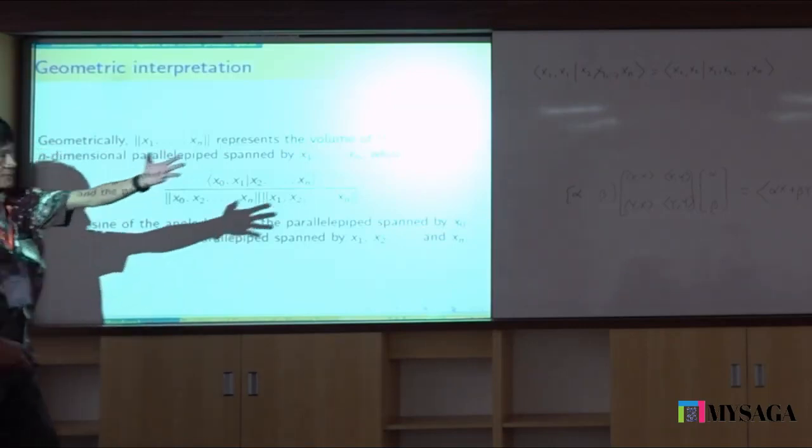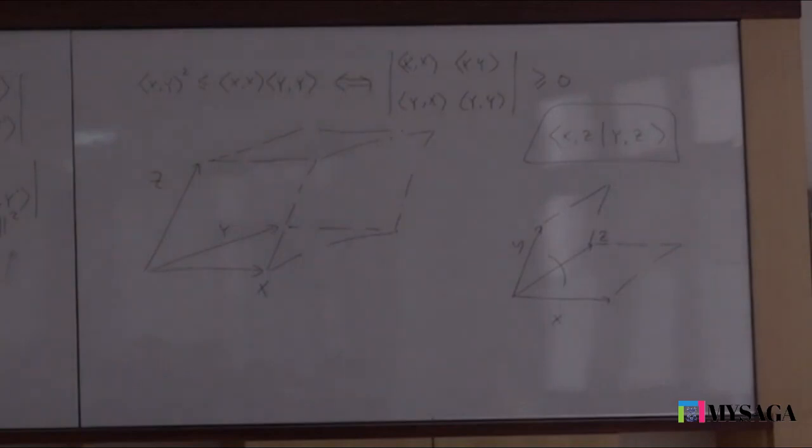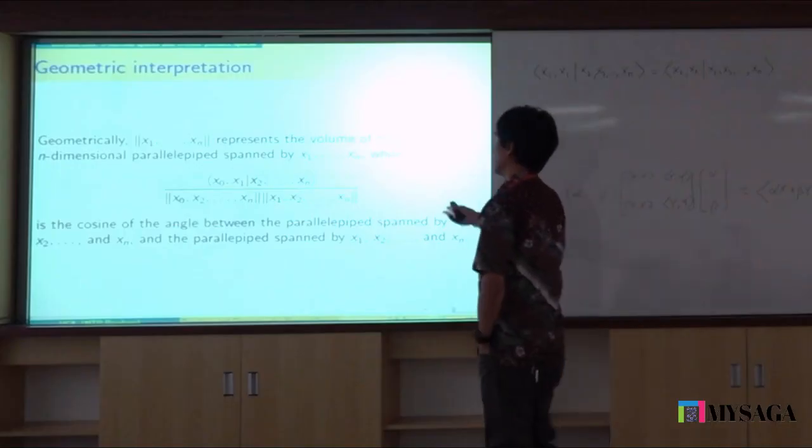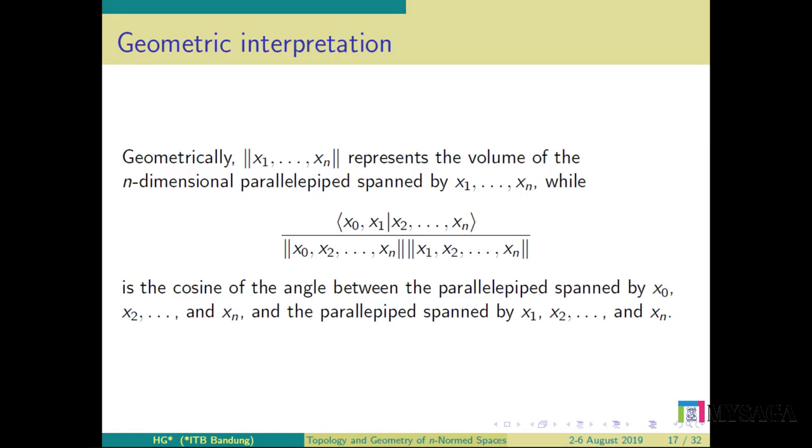Geometric interpretation the same as that, except that now Z is replaced by an n-1 dimensional parallelepiped. The ratio, yeah, okay, I take the square root already.